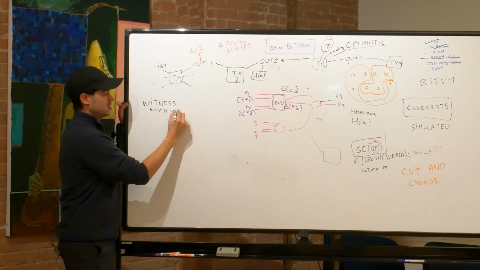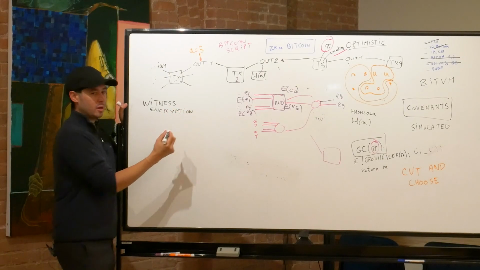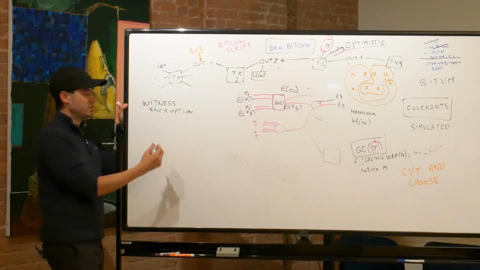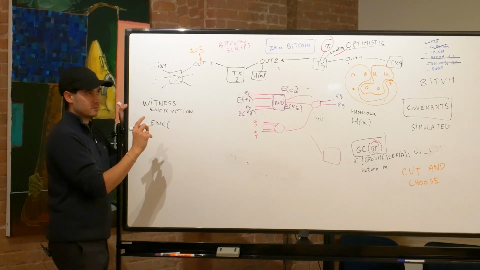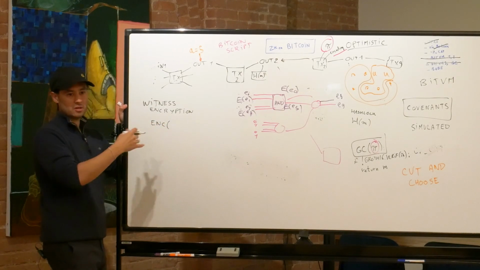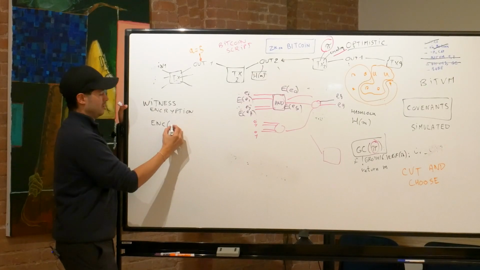So witness encryption looks like a public key encryption primitive where you can encrypt to a circuit, like a CRS.